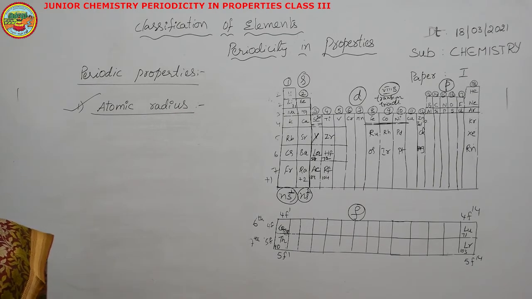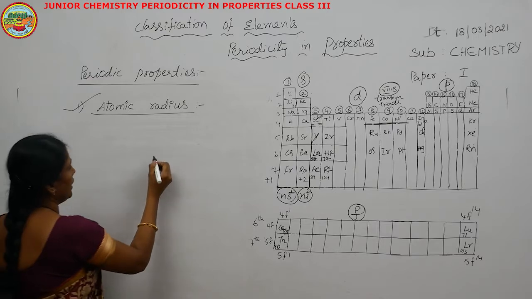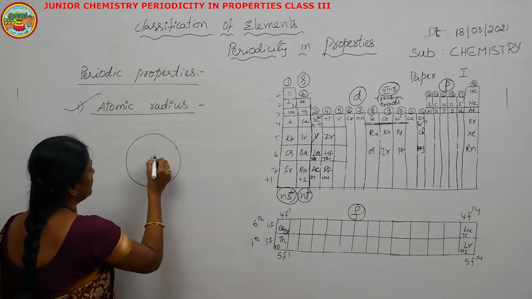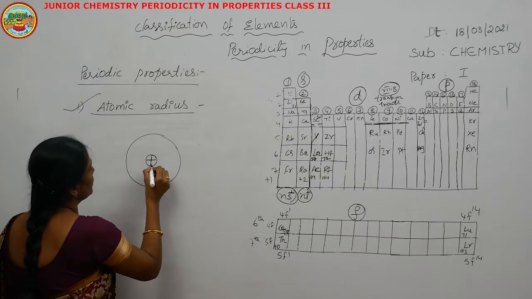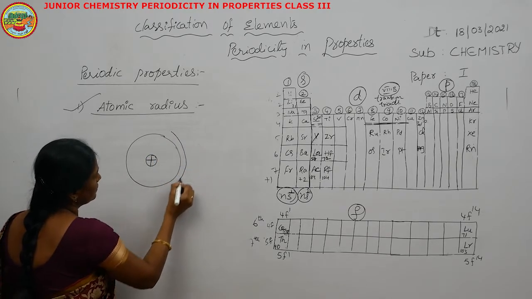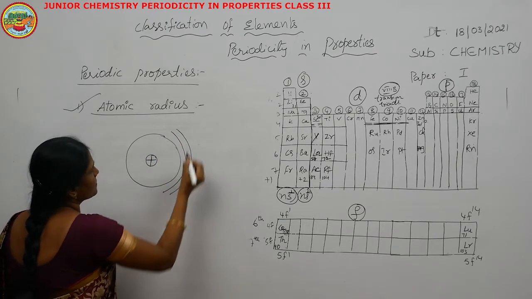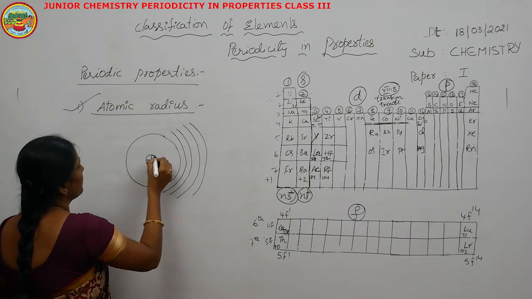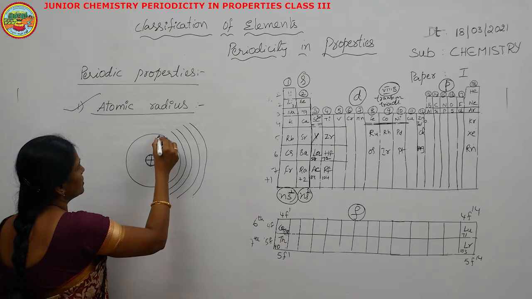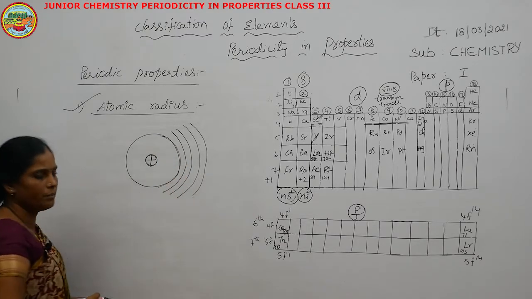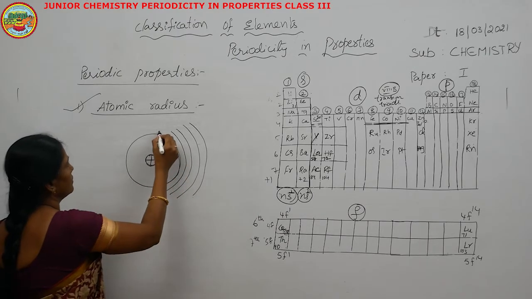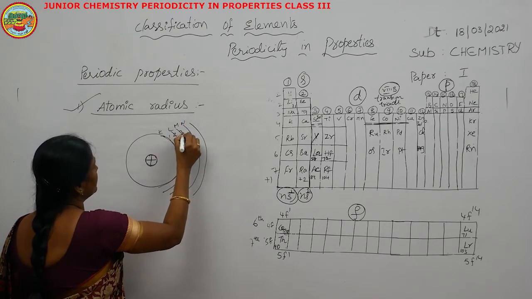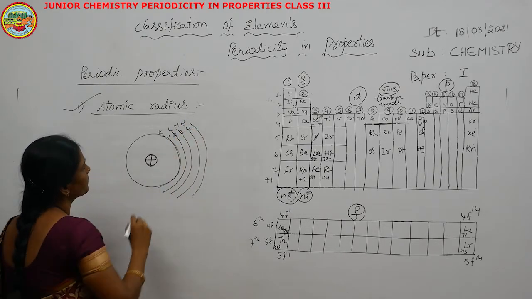Atomic size. Atomic radius: the atom is spherical in shape, and at the center is the nucleus, and shells are present outside the nucleus. This is the nucleus. These are all orbits, K, L, M, N orbits, first, second, third, fourth orbits.